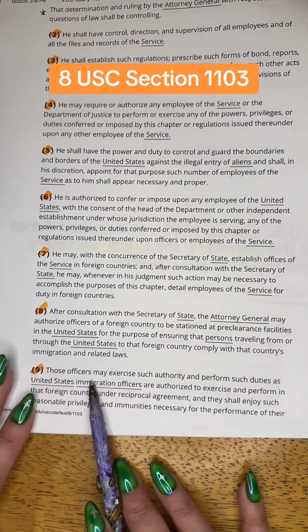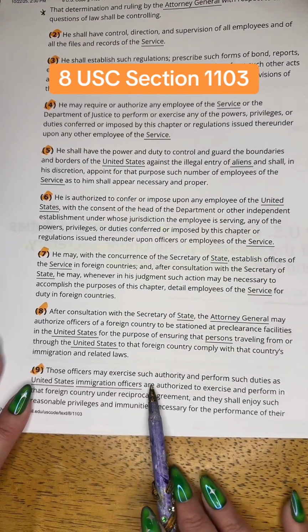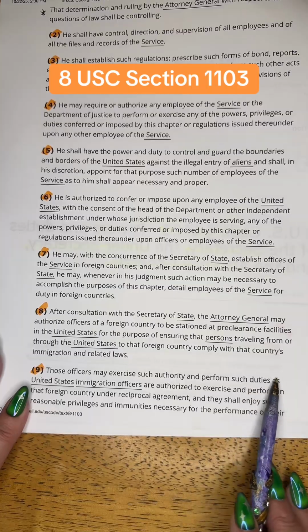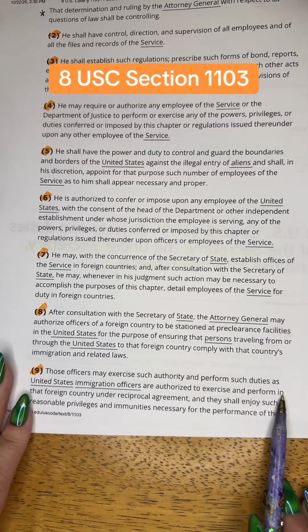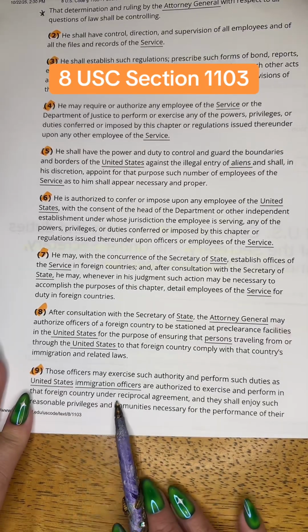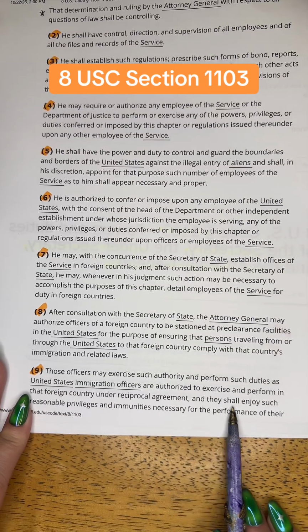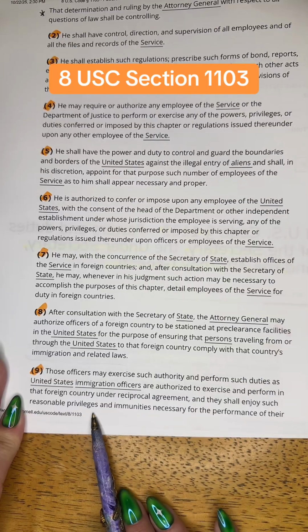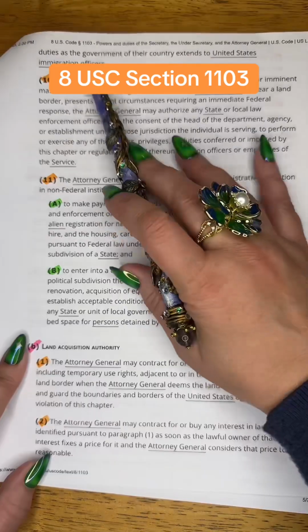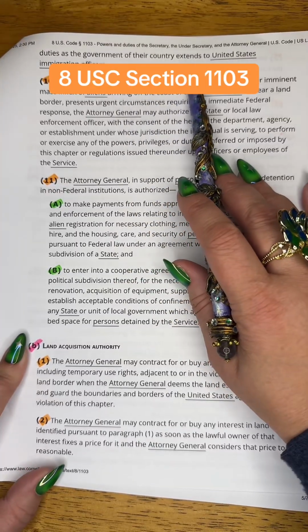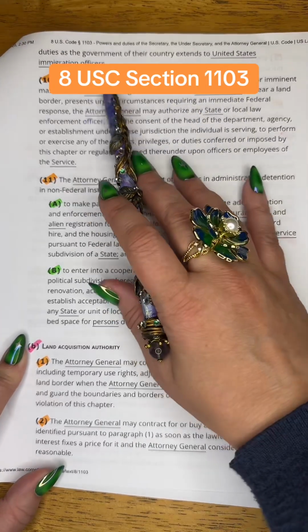Number 9, those officers may exercise such authority and perform such duties as the United States immigration officers are authorized to exercise and perform in that foreign country under reciprocal agreement, and they shall enjoy such reasonable privileges and immunities necessary for the performance of duties as the government of their country extends to the United States immigration officers.